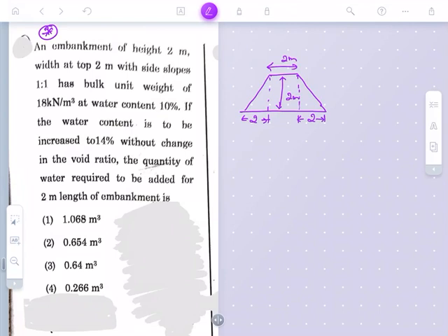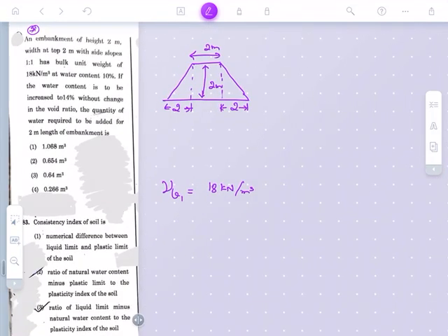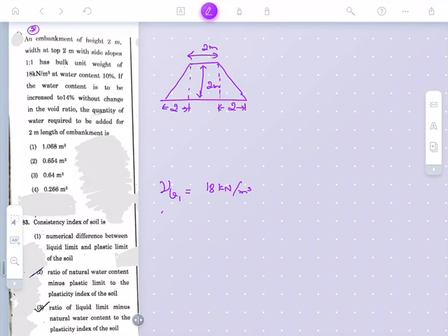And it has a bulk unit weight of this embankment. I'll take it as gamma B1, bulk unit weight of 18 kilonewton per meter cube at a water content of 10%, which can also be written as 0.1.